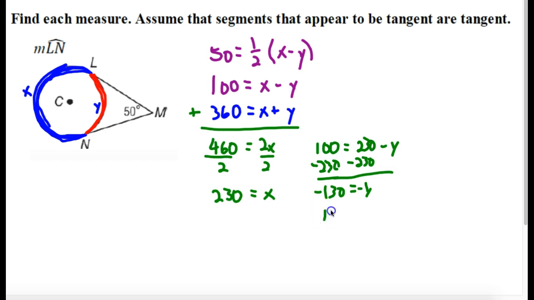Divide both sides by negative 1, and we get 130 equals y. So we find that arc LN is 130 degrees, and the major arc here, which we would need some other point to name, we could call it LZN, is 230 degrees.